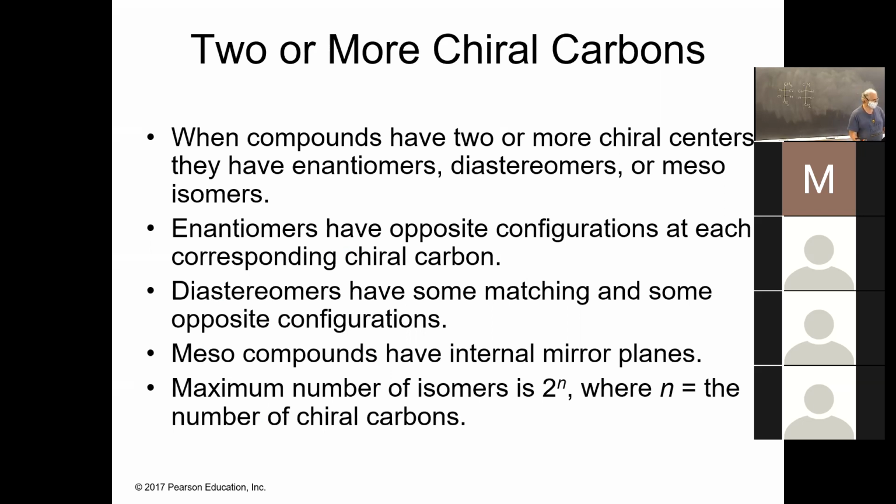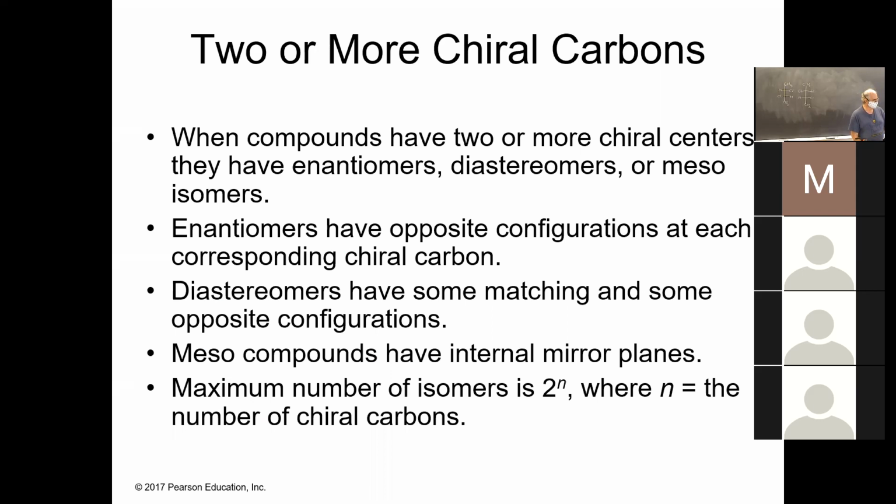Enantiomers have the opposite configurations at every corresponding chiral carbon. Diastereomers have some matching and some opposite configurations. Meso compounds have internal mirror planes. They also have stereocenters and they also have diastereomers.